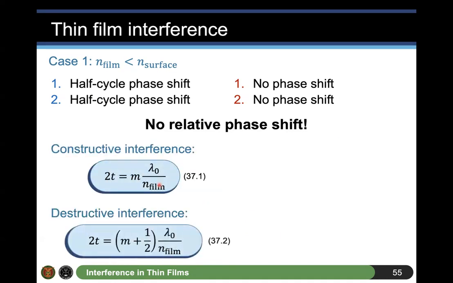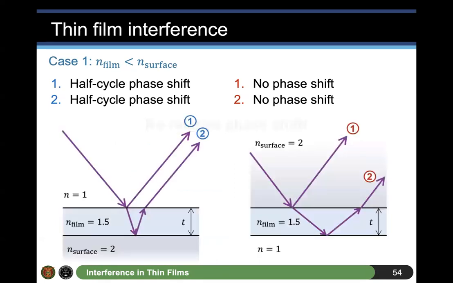No relative phase shift when the ranks of the indices of refraction are either ascending or descending, in the order the light passes through. Okay?